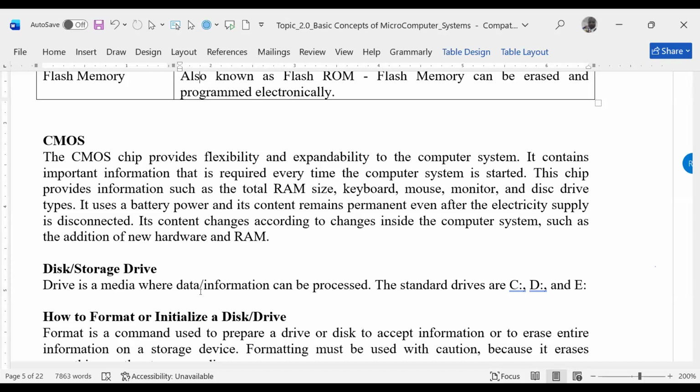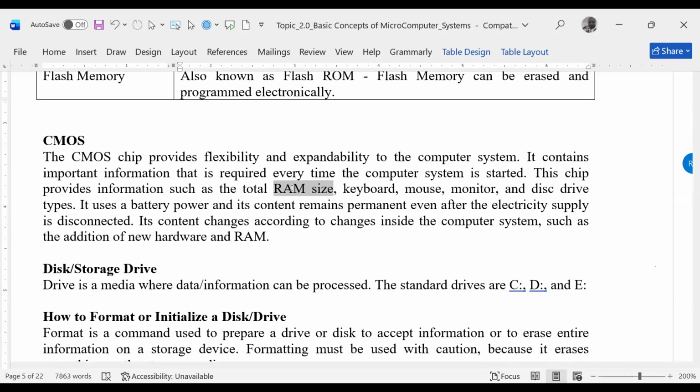Any device connected to your computer system, details are justified by the CMOS. So for example, if you want to know the RAM size of your computer, it is the CMOS that will justify. If you want to know the type of keyboard, mouse, printer you are using, it is the CMOS.